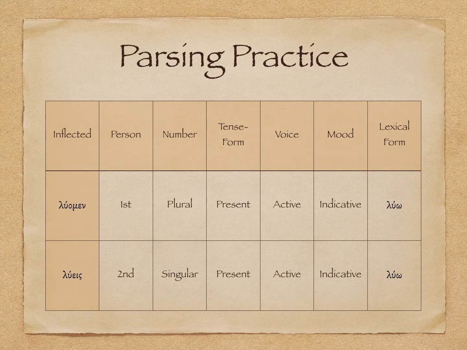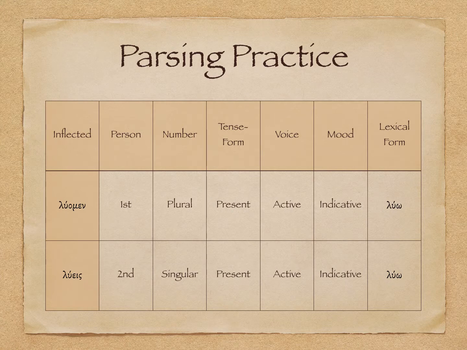Parsing just means locating or identifying that particular word in relation to all of the nuances that that word encodes. So it's identifying the person, the number, the tense form, the voice, the mood, and then the lexical form.